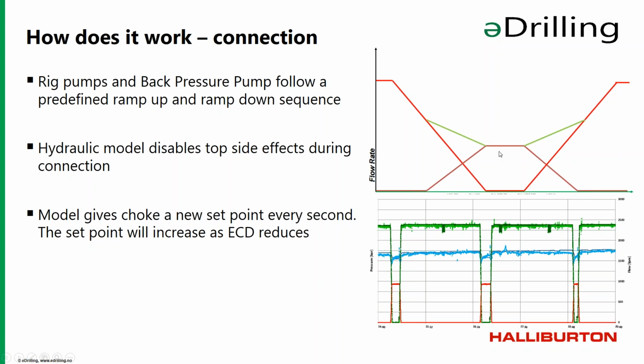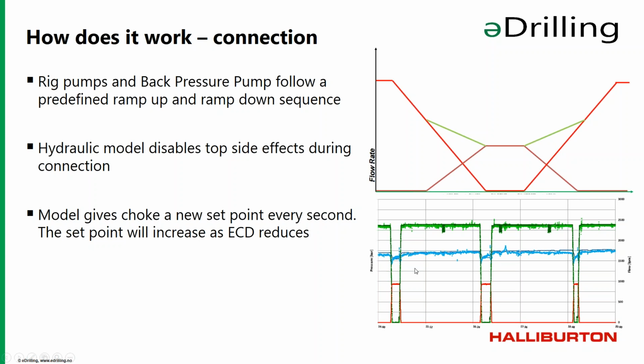When the rig pumps are down, the connection is performed as normal. The hydraulic model then disables the topside effects during the connection so that these are not taken into account. The model gives the choke a new set point every second, and this set point will ensure that the pressure is kept constant at all times.